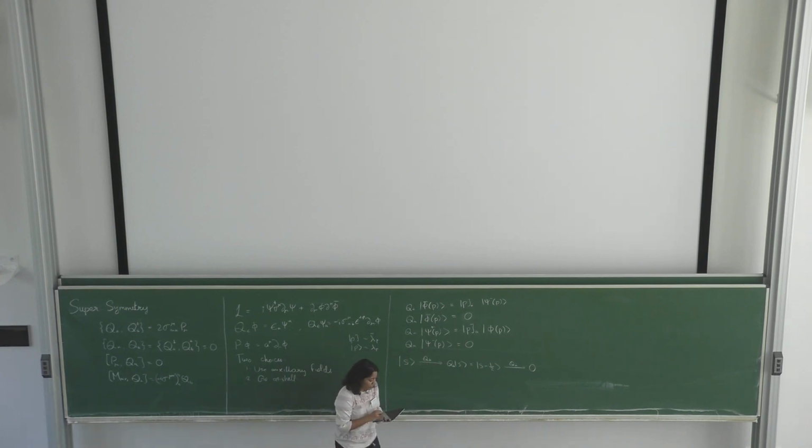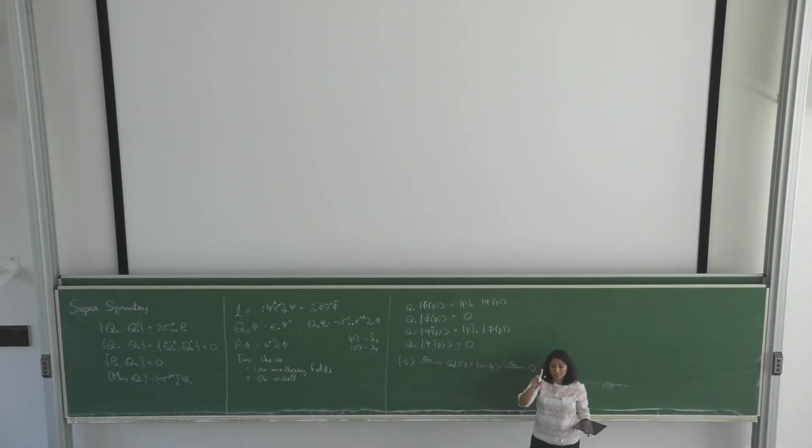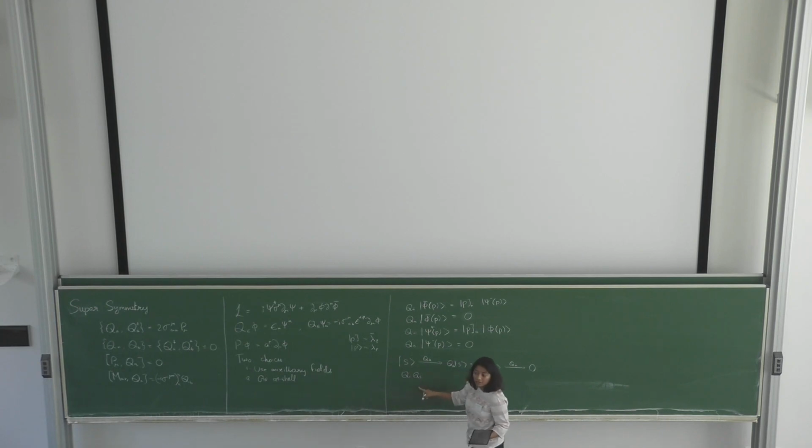Now, you might ask why I'm counting QA dot as one operator. Because actually A dot runs over 1 and 2. So technically, I should be able to write Q1, Q2, or 1 dot, 2 dot, if you will. But this need not be 0, right?